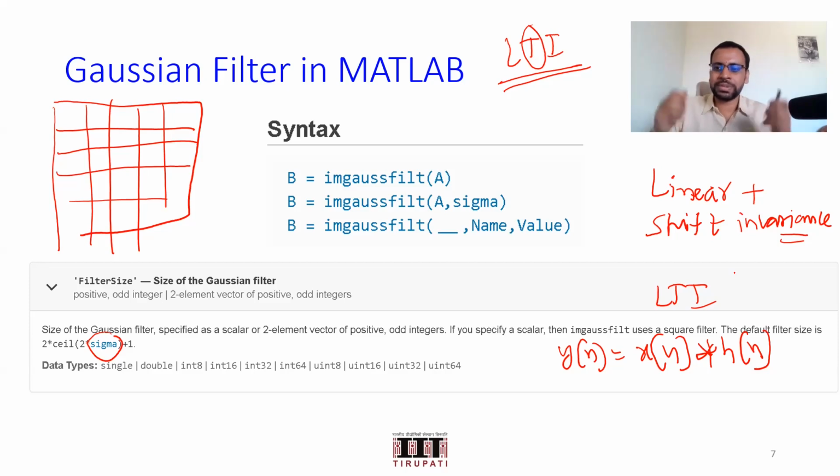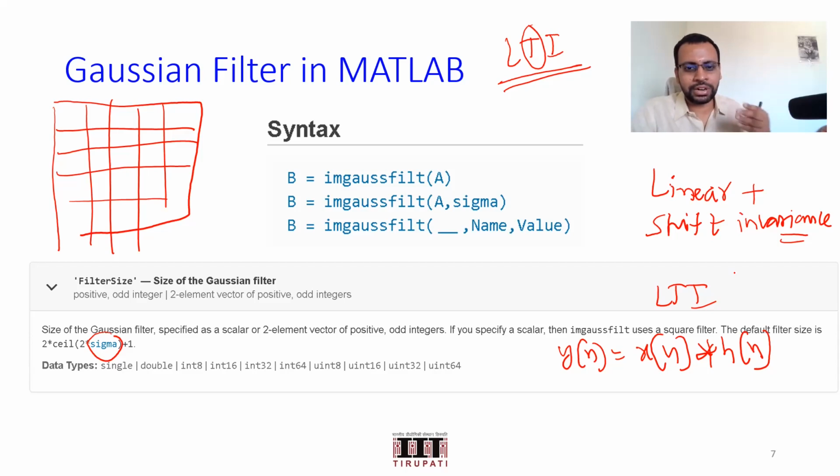Assume that for some reason the way you filter depends on which location it is, or the content at that particular location. Then you won't be able to perform it using a kernel, or using convolution or correlation.